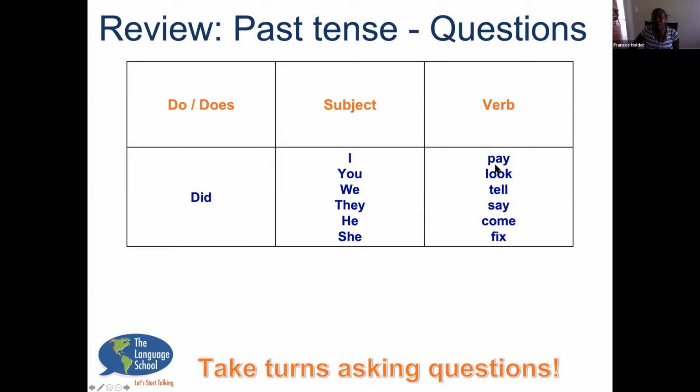Do you know what the past tense of pay is? No. This is one of those verbs. It is kind of irregular. It's irregular in the way it is spelt, but not the way it is said.